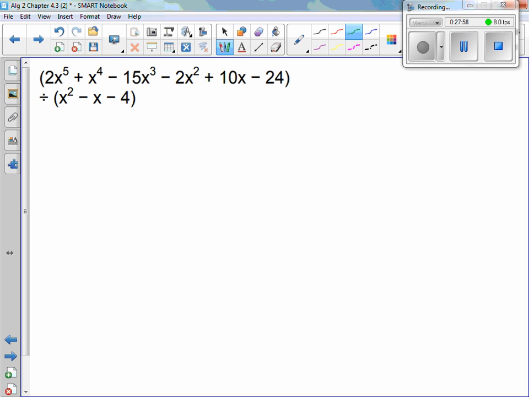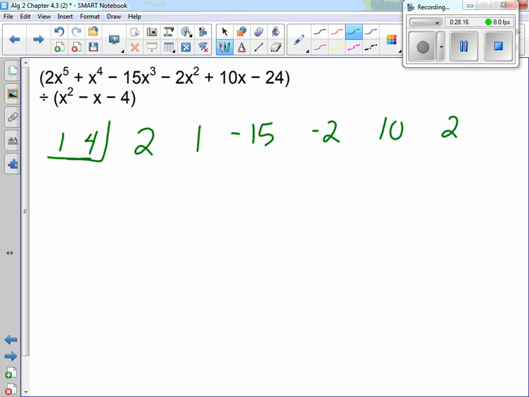Now, don't copy any of this down. Because what goes in the cubbyhole would be 1 and 4. We would actually solve it for x squared. And across the top would be 2, 1, negative 15, negative 2, 10, and negative 24.